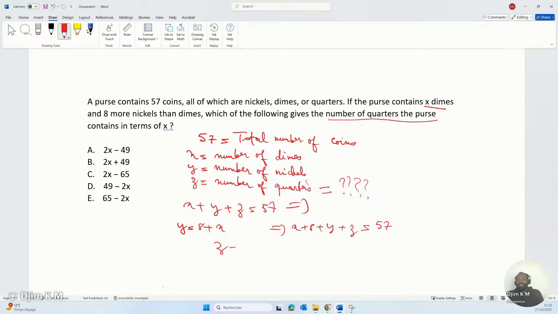So Z will be equal to 57 minus 8 minus 2x, since we have replaced Y by 8 plus X here. Z will be equal to 49 minus 2x.